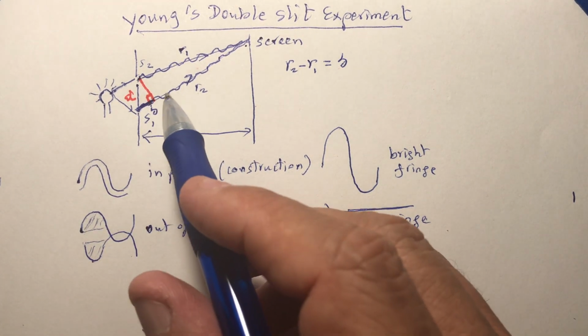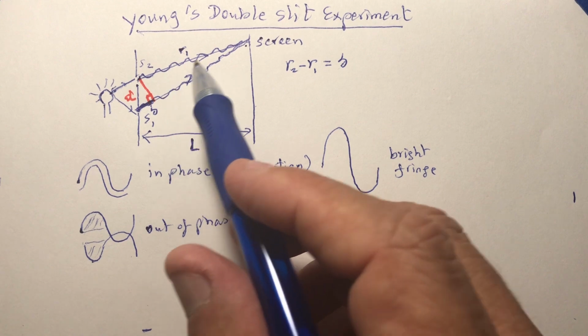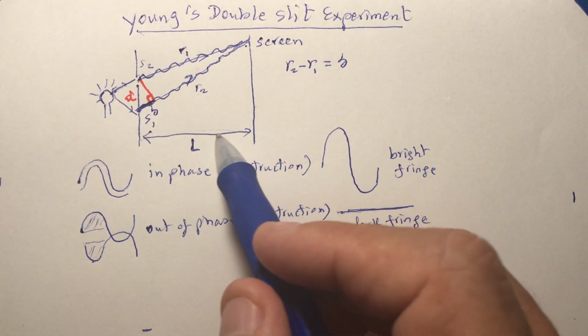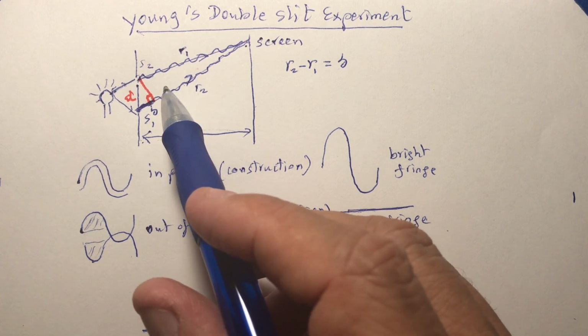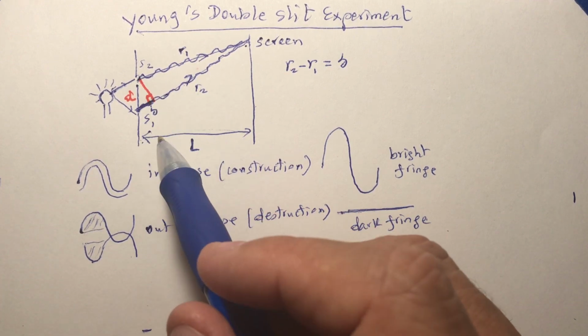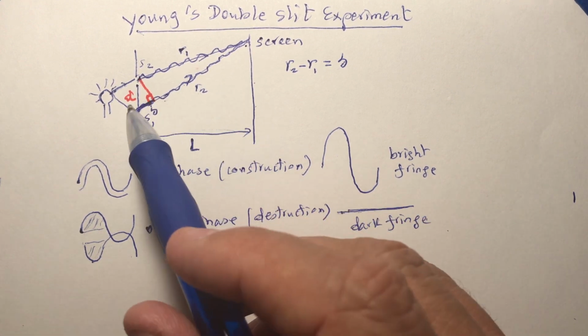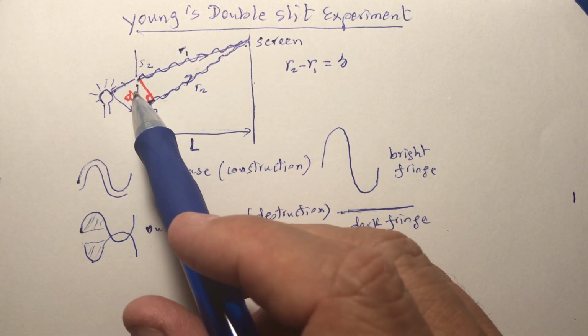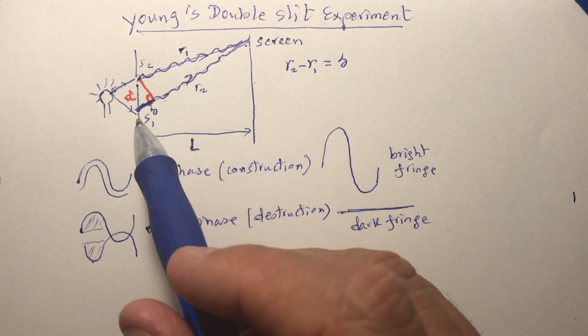This is an approximation. We are assuming that this distance here is way bigger than the wavelength. That's true because the screen is usually like 4 meters away, and the wavelength of the laser is really small.